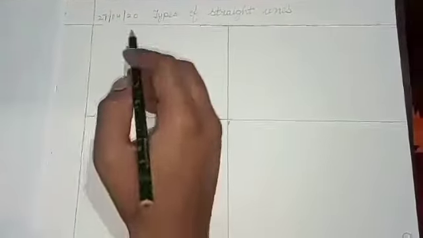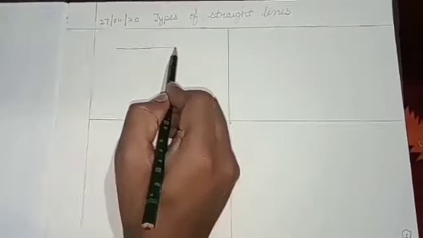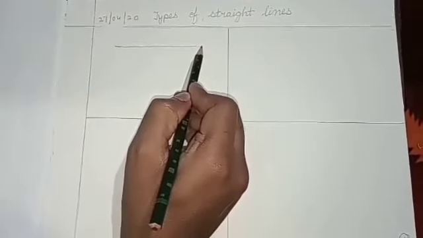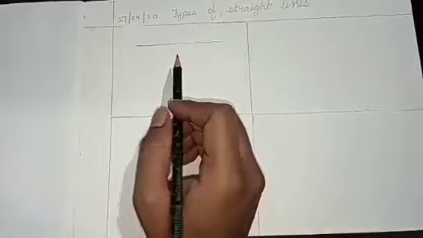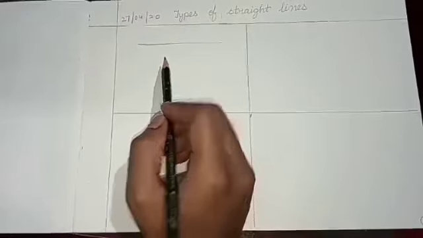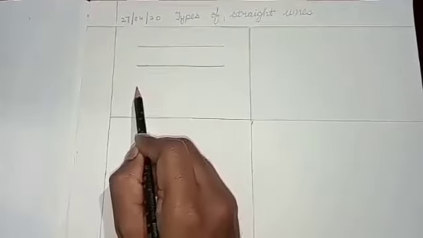First we will start horizontal lines. We have to draw a straight line like this. This is a horizontal line. We will draw two or three times more like this. So these are horizontal lines.